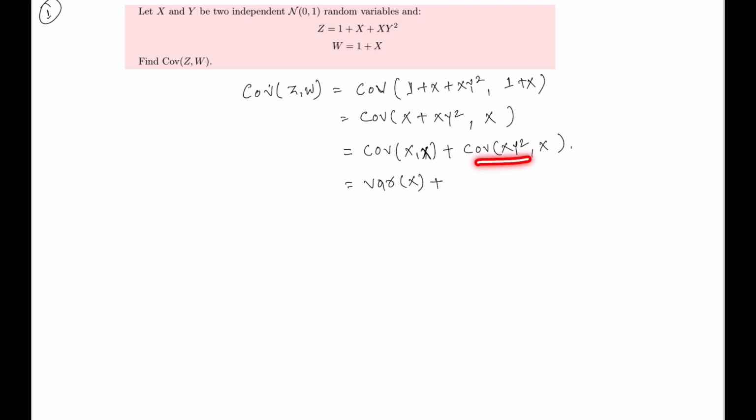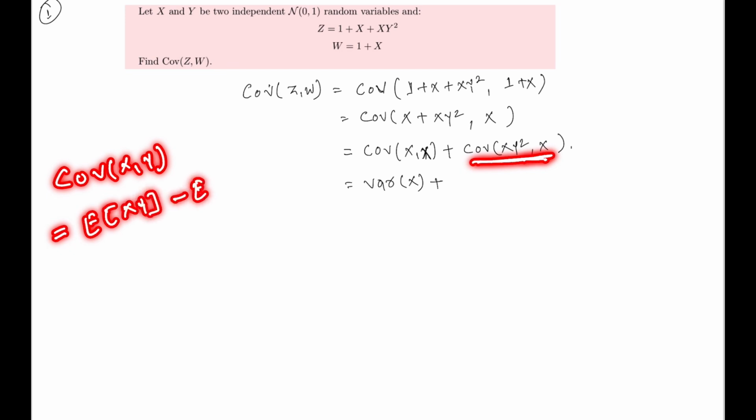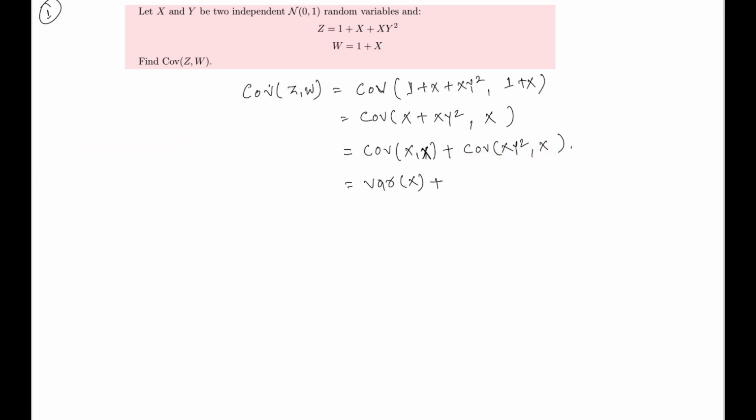now we have one more simplified, alternative formula of the covariance. We have seen the covariance of random variables x and y can be written as the expectation of the product minus the product of the individual expectations, right? This is the property we have already seen, so we can make use of it here.